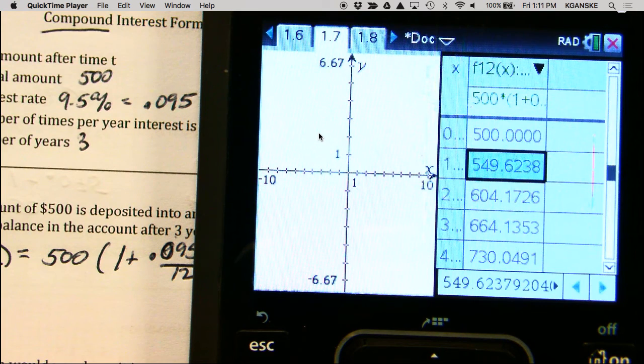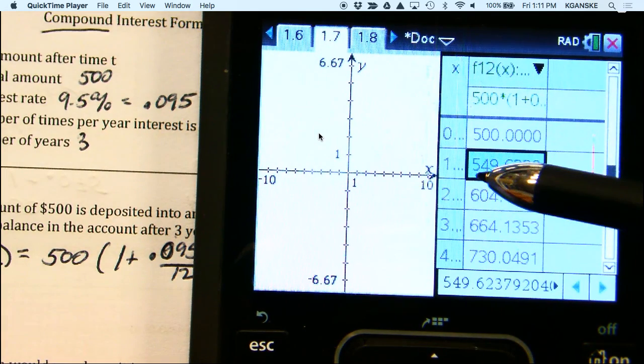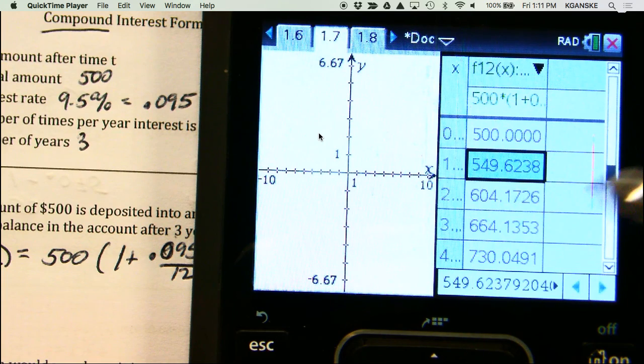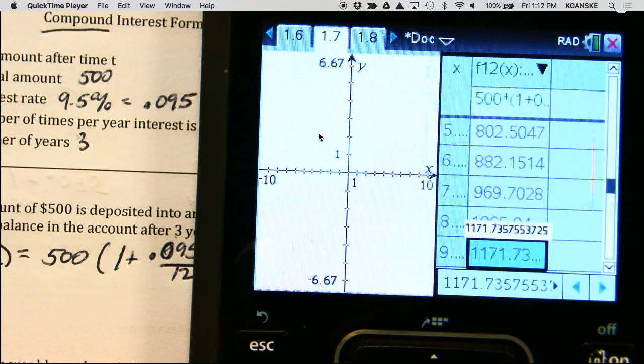Something seems a little weird there. No, it doesn't. Good. I would expect about 10%, right? So 50 bucks, right? The next year, another 50 bucks, but a little bit more. Next year at 664.